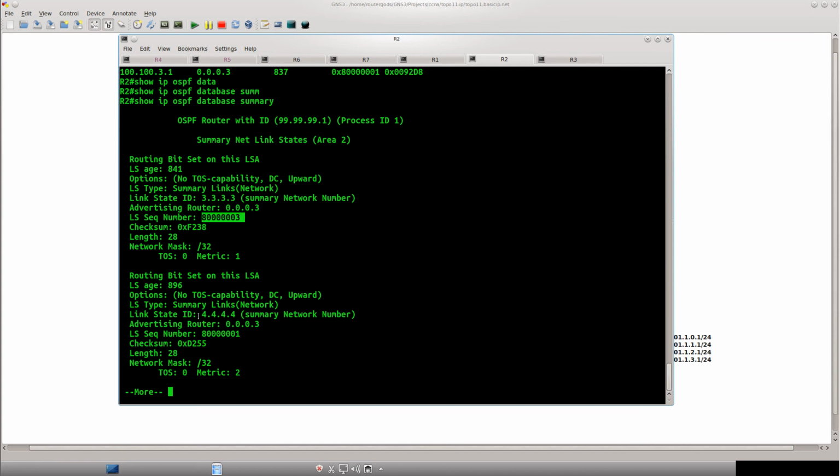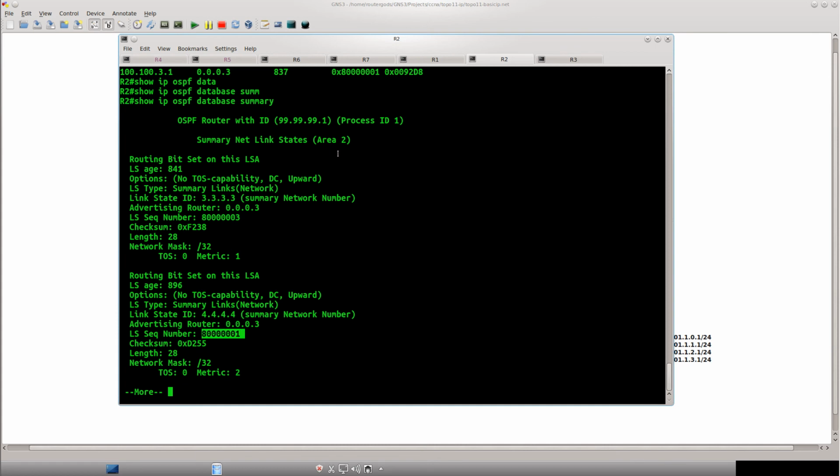Now if you notice down here for this 444 link, he probably has a sequence number of 1. See that? So up here 3, up here 1. So why is that?